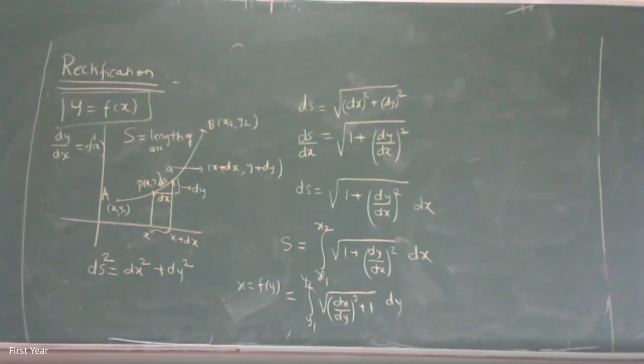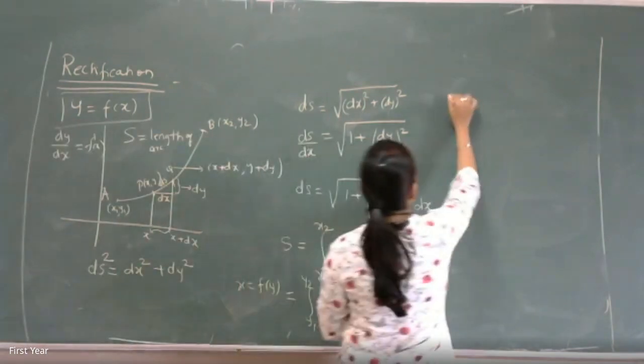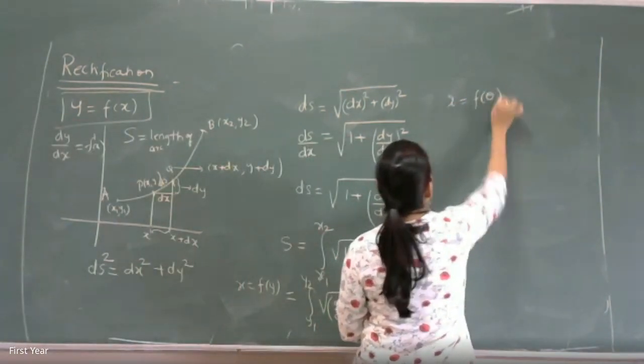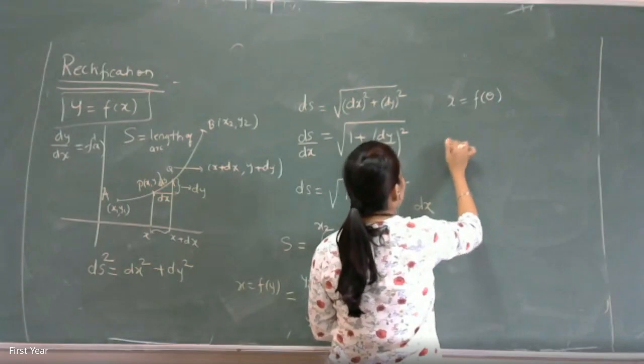If anybody can try to solve or derive the formula for r is equal to f of theta, try. R is equal to f of theta is a curve, then I'm going to find the formula for s.